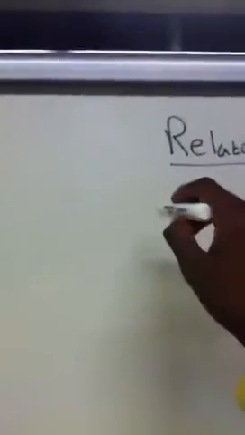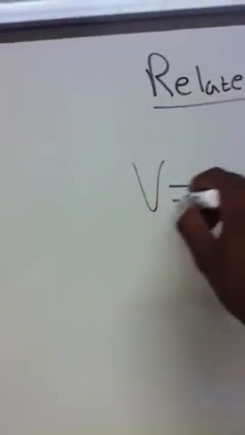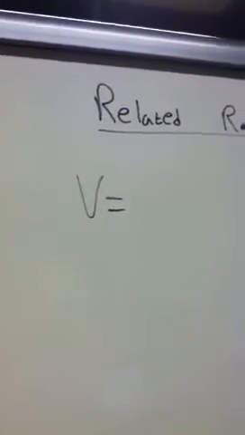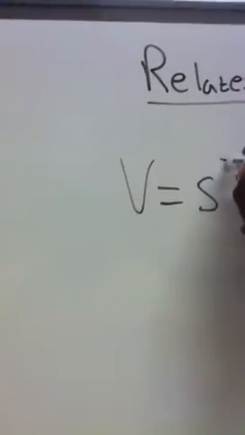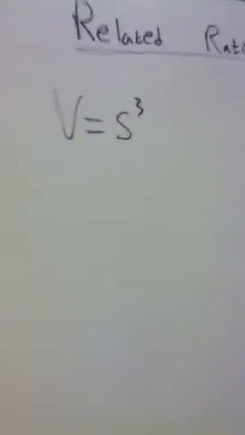The volume of a cube is equal to length times width times height. But since it's a cube, they're all going to be the same measure, so we can just say side cubed. And that is the formula for volume.